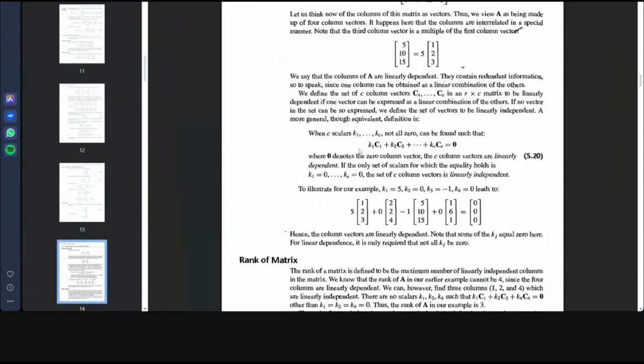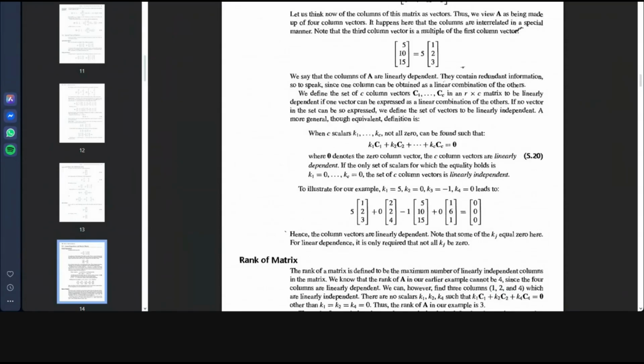If you set a linear combination of the vectors C1 to Cc, by multiplying each vector by a scalar, and you set this to the 0 vector, we say that the vectors C1 to Cc are linearly independent if the only way this can happen is all these scalars have to be 0. Otherwise, if you can find scalars, not all 0, such that this can equal 0, then they are linearly dependent.